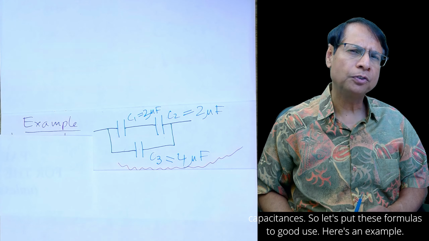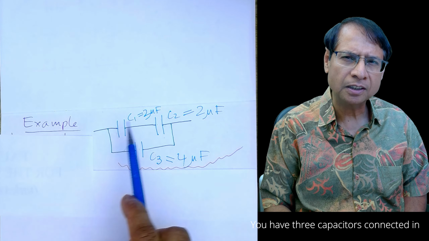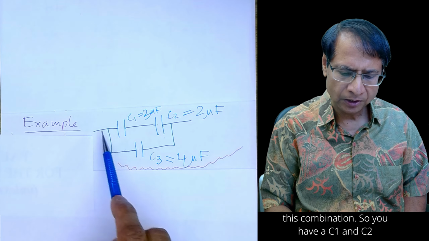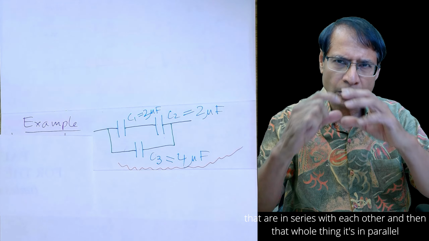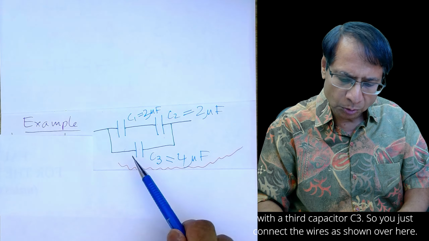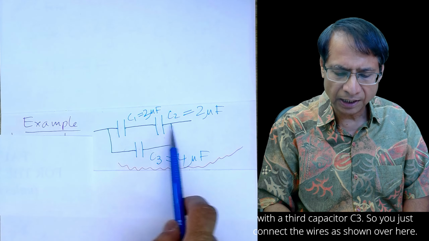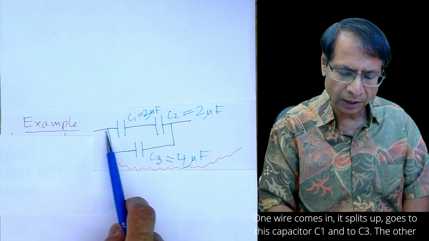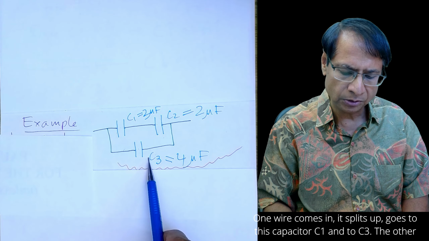So let's put these formulas to good use. Here's an example. You have 3 capacitors connected in this combination. You have C1 and C2, they're in series with each other. And then that whole thing is in parallel with a third capacitor C3. So you just connect the wires as shown over here. One wire comes in, it splits up, goes to capacitor C1 and to C3.